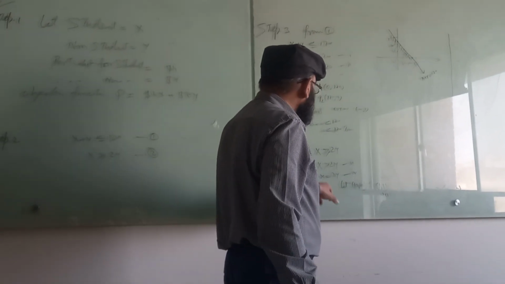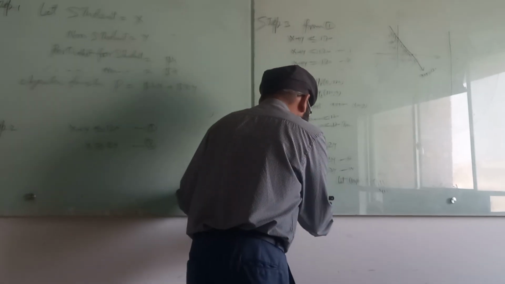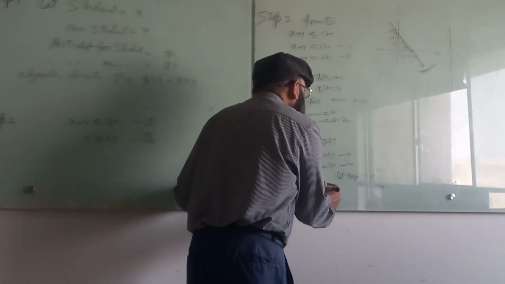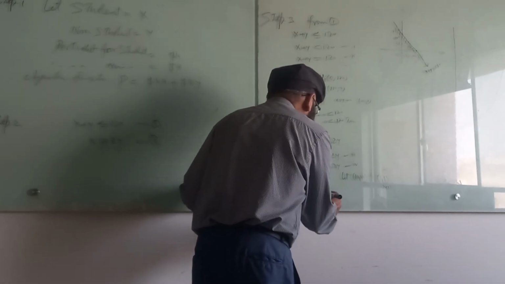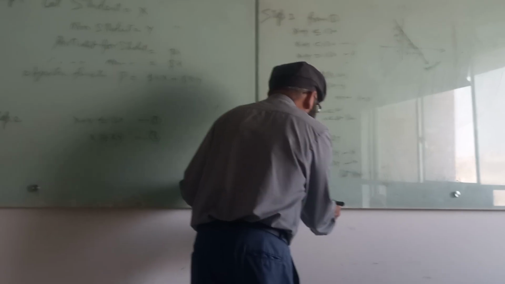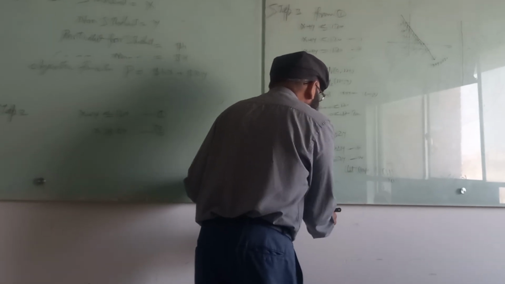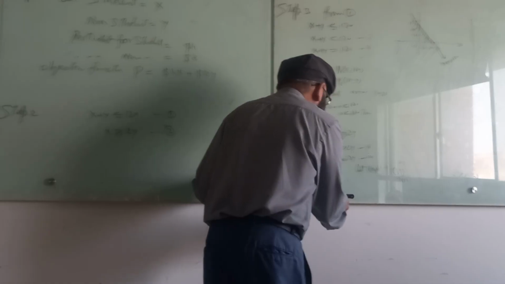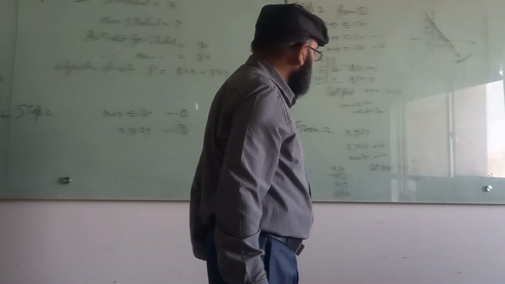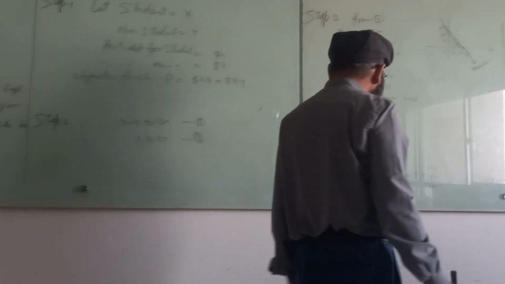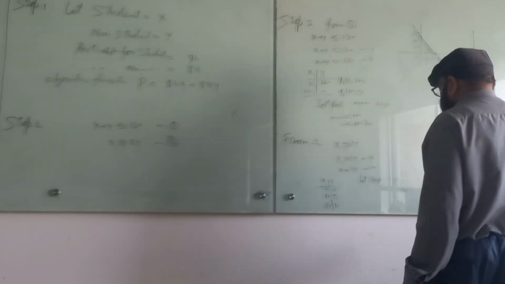When x is 10, y will be 5. And when y is 10, x will be 20. Okay, these are points.